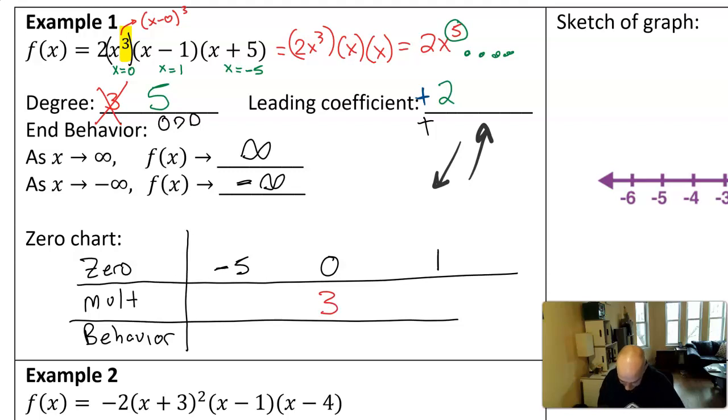And the zeros at negative 5 and 1 only had a power of 1, so those are multiplicity 1. For the behavior, I'm going to look at the chart from the other side about whether it crosses, bounces, or flattens. At multiplicity 1, it's going to cross straight through. And at 3, it's going to cross straight through, but flatten out.